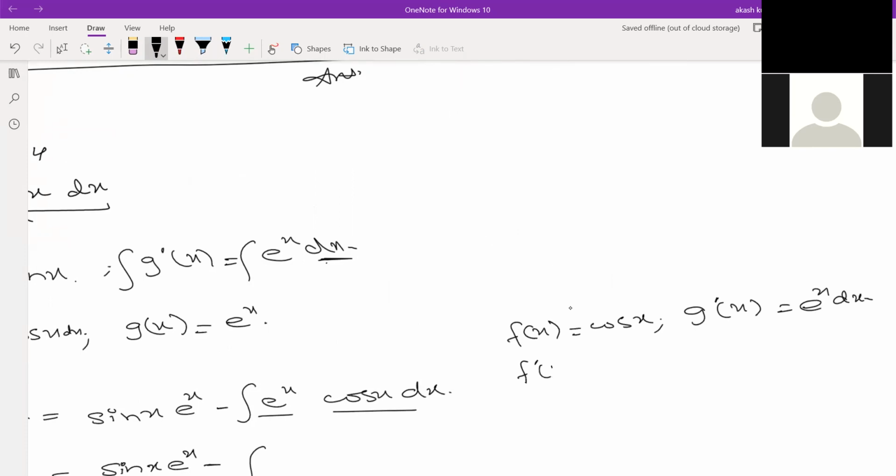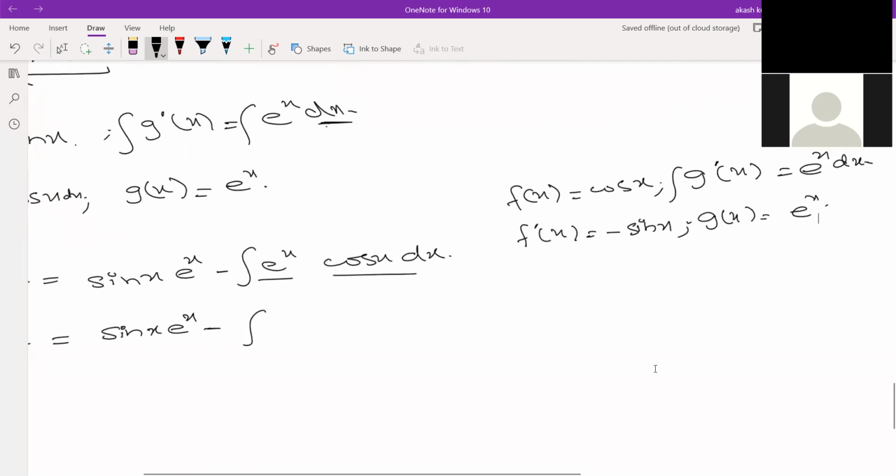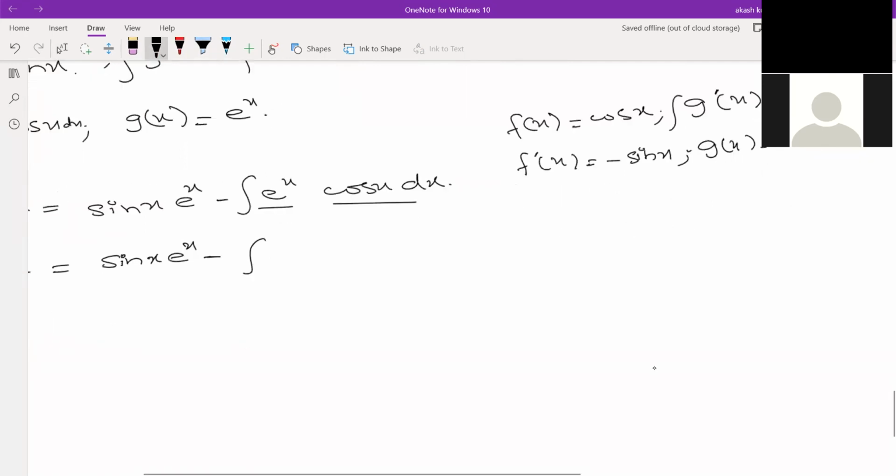Then f of x, cosine x, becomes f dash of x, which is minus sin x. Is it clear? Okay. And upon taking the integral of g dash of x, it becomes g of x equals ex. So f of x is cosine x, and g of x is ex.